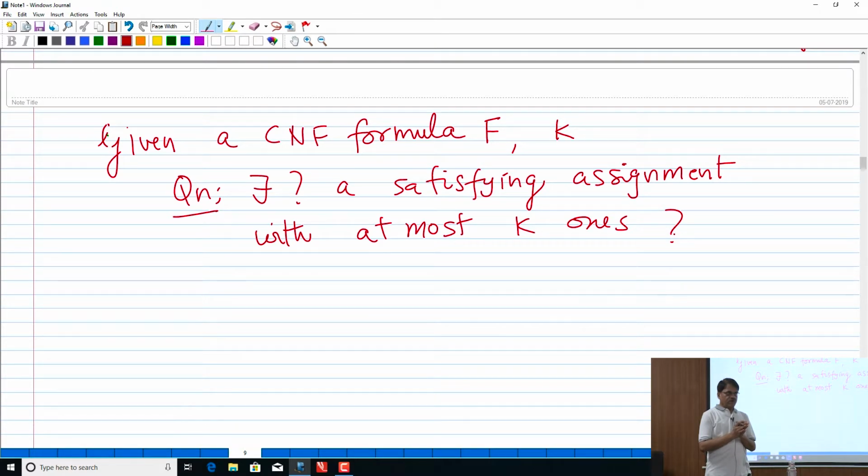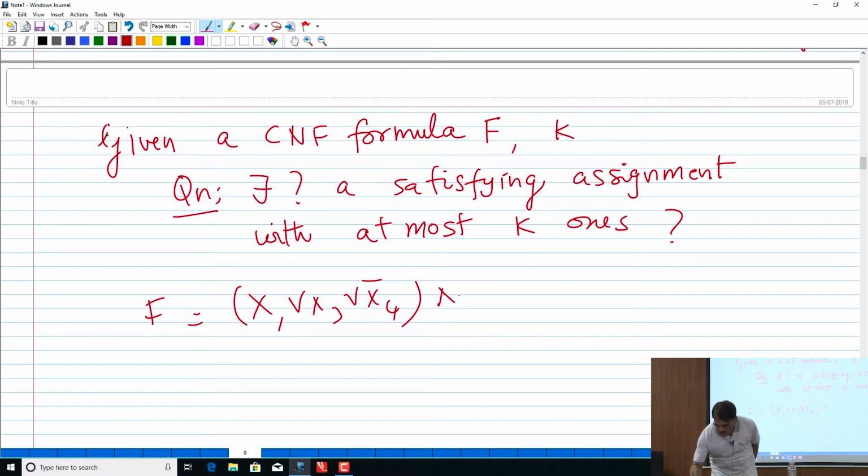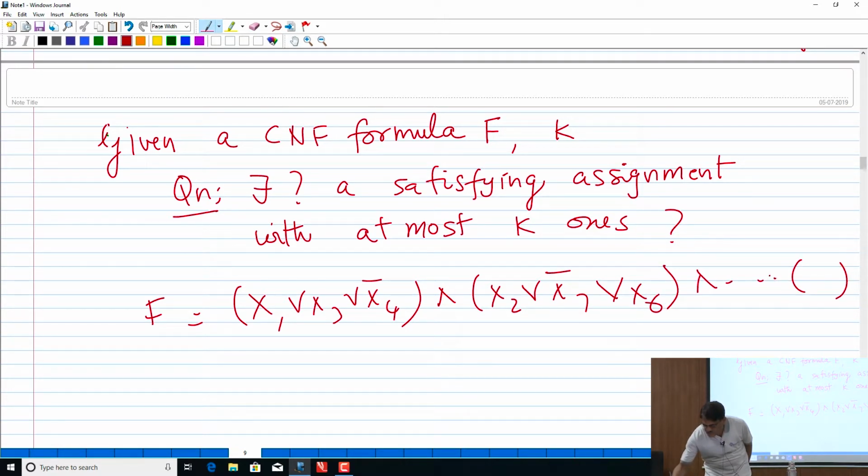We actually showed it fixed parameter tractable for some special case. What is the special case? Or remember how the algorithm went? It was branching, right? So you want an assignment. Your formula looks like (x1 or x3 or x4 bar) and (x2 or x7 or x6), and something like this.